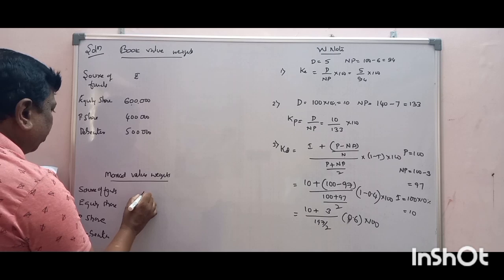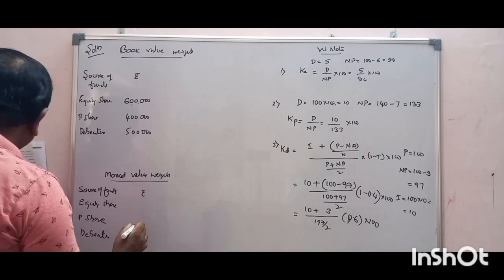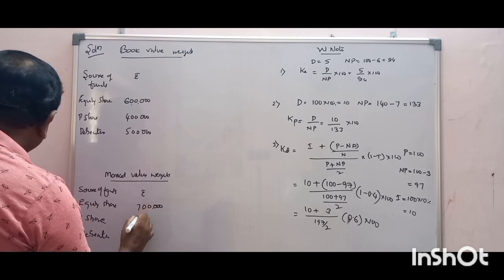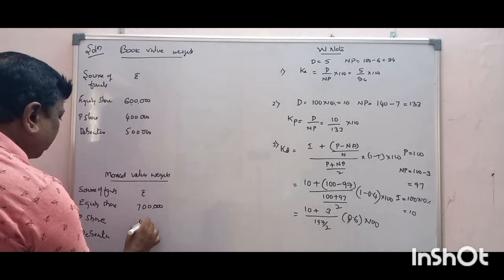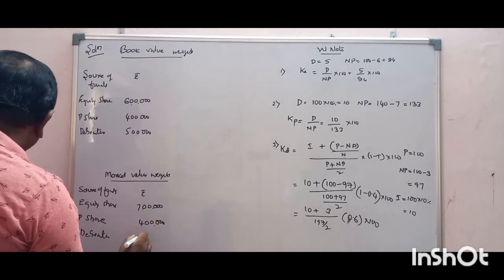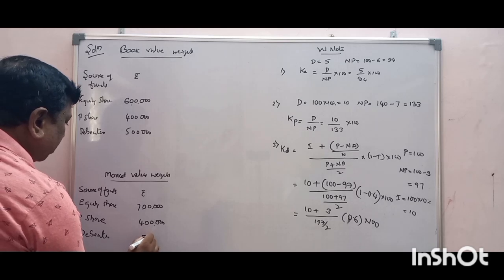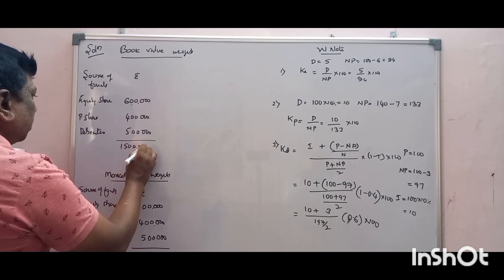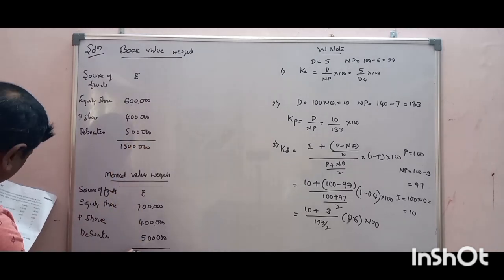So in the amount column we have market value 7 lakh, then 4 lakh, then 5 lakh. Total in the first case 15 lakh, here 16 lakh.